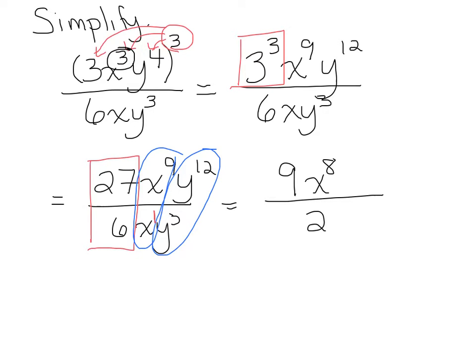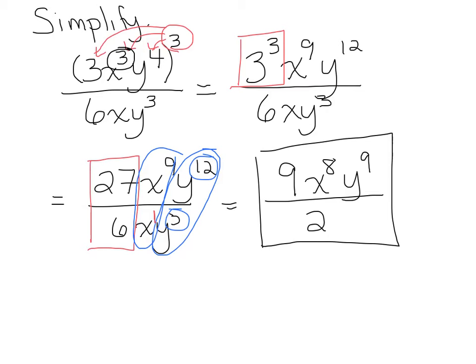And y will be 12 minus 3, or y to the 9th. Since we have no variables that are the same on the numerator and the denominator, and since our coefficients of 9 and 2 cannot be simplified any further, we are done with this problem.